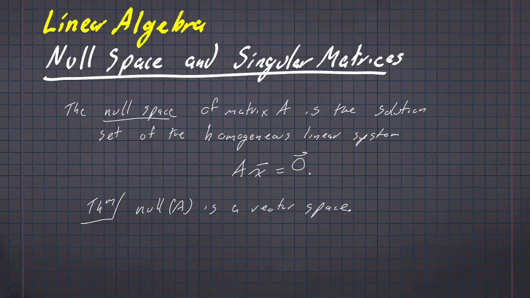Row space and column space were kind of obvious. They are formed as linear combinations of vectors. So they are, of course, vector spaces. Null space is a little bit less obvious, but it is also the case that if you have two vectors, a linear combination of those vectors is also going to be a solution.